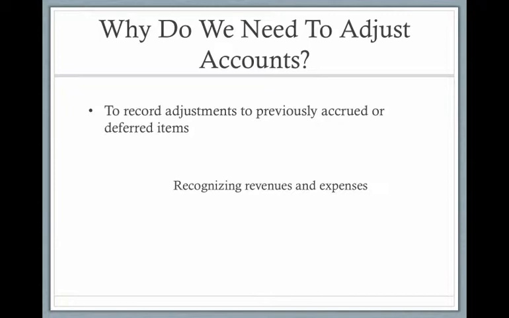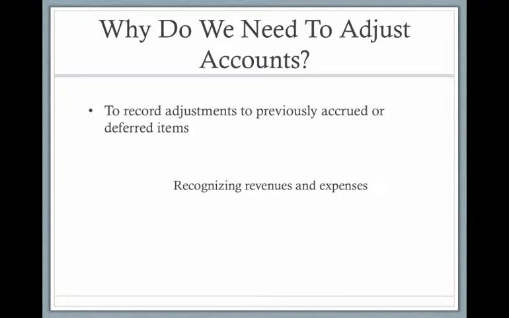Also, some other things that we might have to adjust is if we have a balance in our accounting records, we might need to make an adjustment to an account to reflect the usage of items within that account that we have not recognized yet at the end of the period.